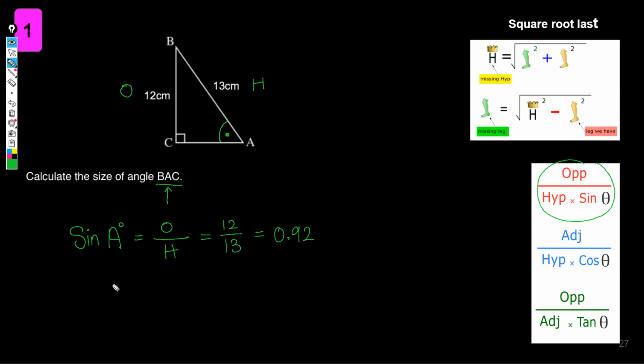So sine A is 0.92. You want to solve for A. Throw across sine, you get sine inverse 0.92, and I'm getting roughly 66.93 degrees.